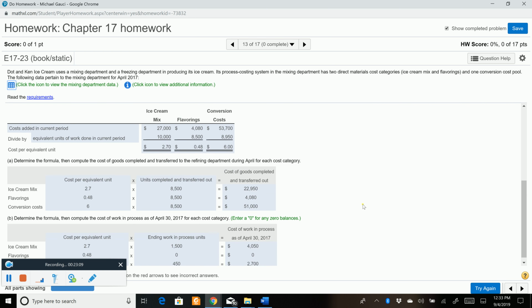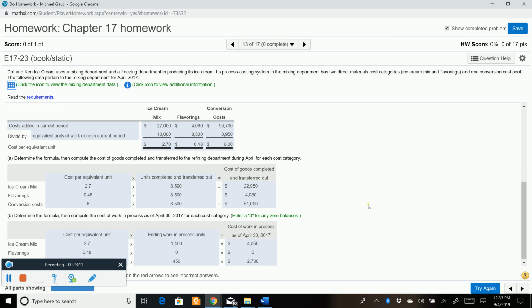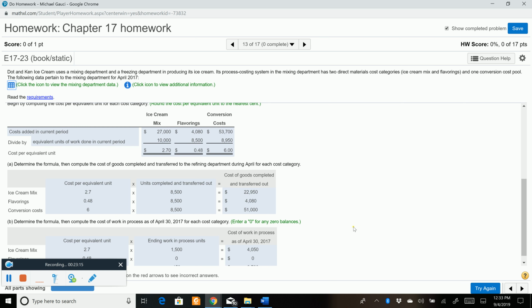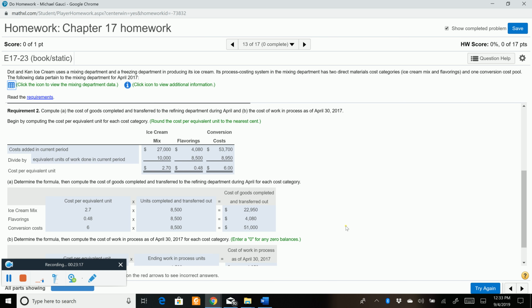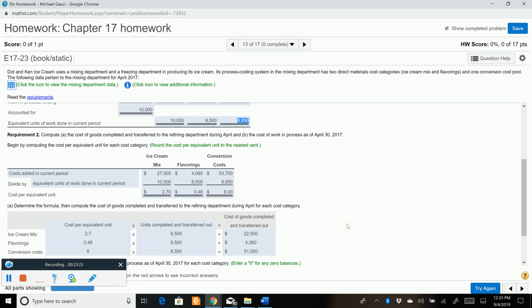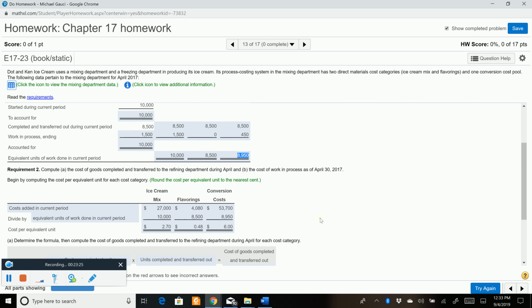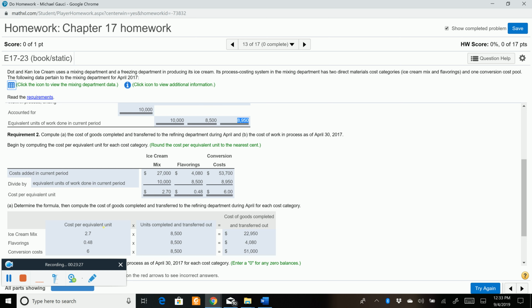And then what we are going to do is figure out, using our cost per equivalent unit, how much of the cost remains in ending inventory and how much moves on to the next step. Well, what we're now going to do is take our cost per equivalent unit, which we said for ice cream mix was $2.70.